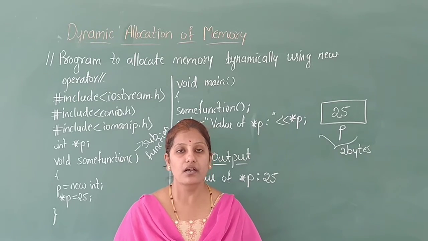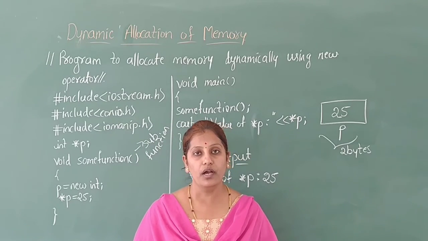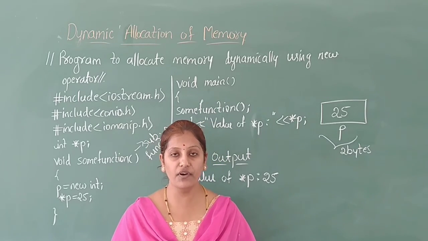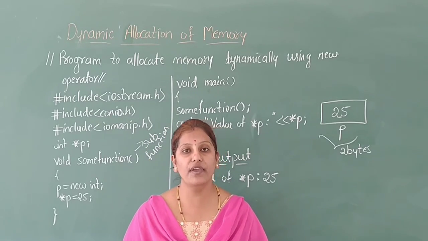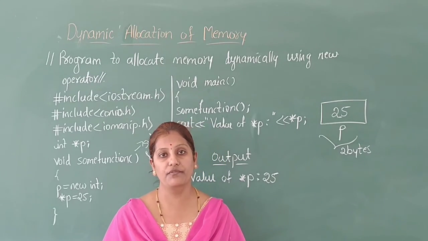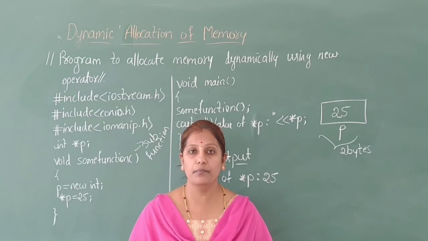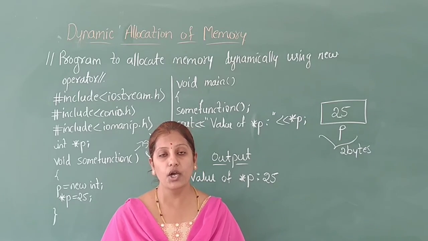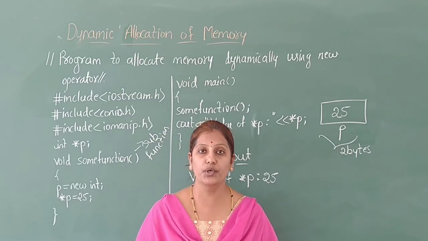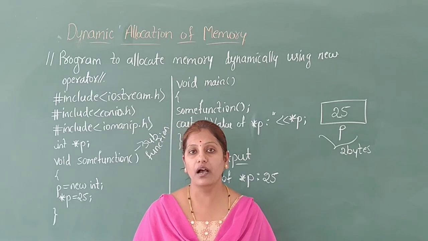The new operator calls the special function operator new to allocate memory dynamically for an object or for a variable used in the program without having to define variables and just making the pointer point to the new memory which is allocated by the dynamic allocation.